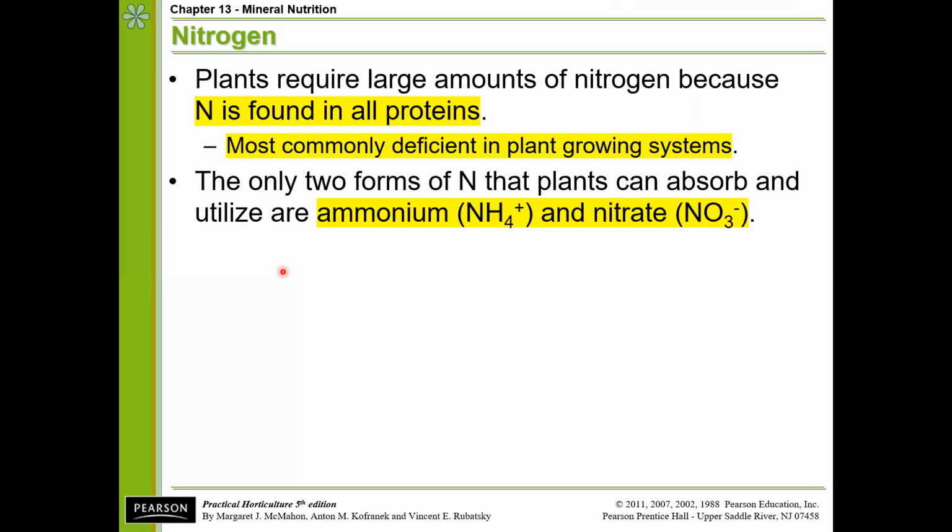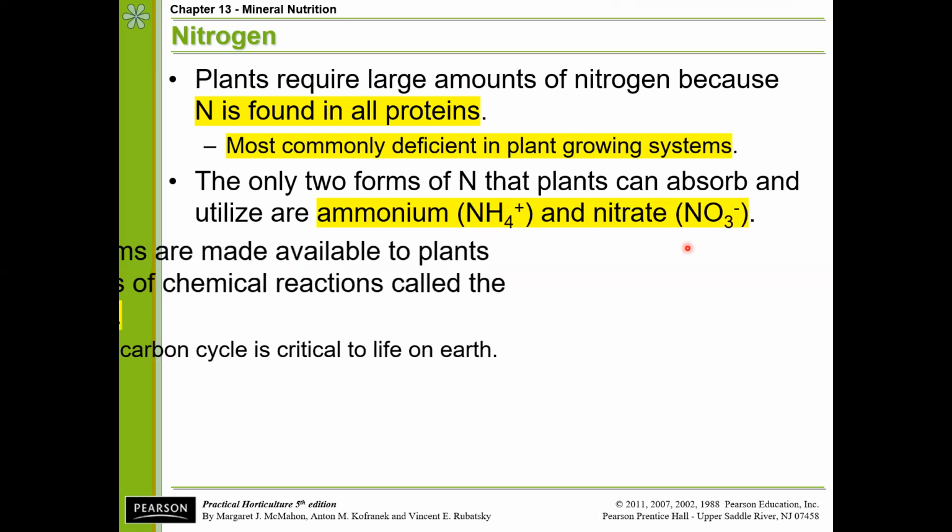And there are two main forms. I think the book says that these are the only two forms of nitrogen that the plant can absorb and utilize. There are a couple of other forms, but these are the two main forms: ammonium, NH4+, positively charged, and nitrate, NO3-.